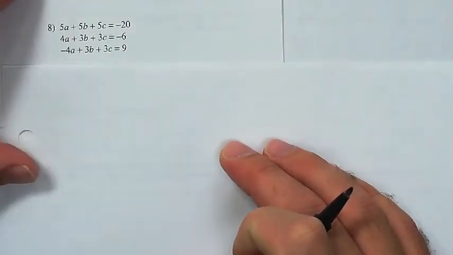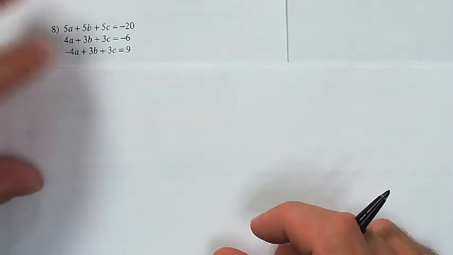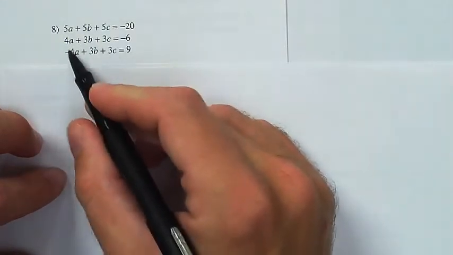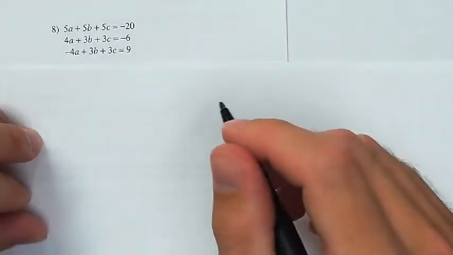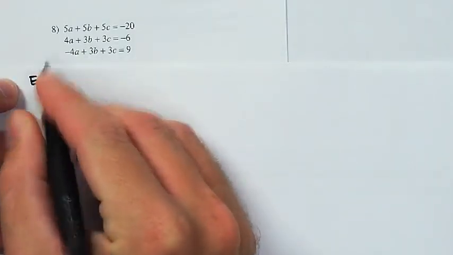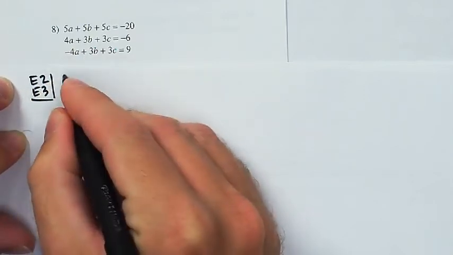Okay, this is not ideal, right? None of these are. We're going to have to do some multiplication here, right? There's nothing that's just lined up perfectly for elimination. We've got to be ready for that too. I'm thinking because this one's got a negative 4a and a positive 4a, I'm just going to try to eliminate on a. All right, so the first one I'll do will be easy. Equation 2 plus equation 3, the one that's already set up for elimination.